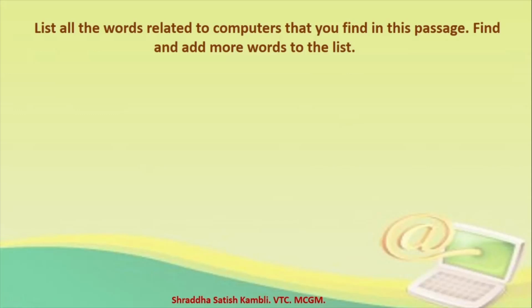You have to list the words related to computers that you find in this passage, and also add more words to the list. The first part of the exercise we will do now, discuss together and try to do it. And the remaining part, that is, find and add more words to the list, we will do at home, as homework for you.